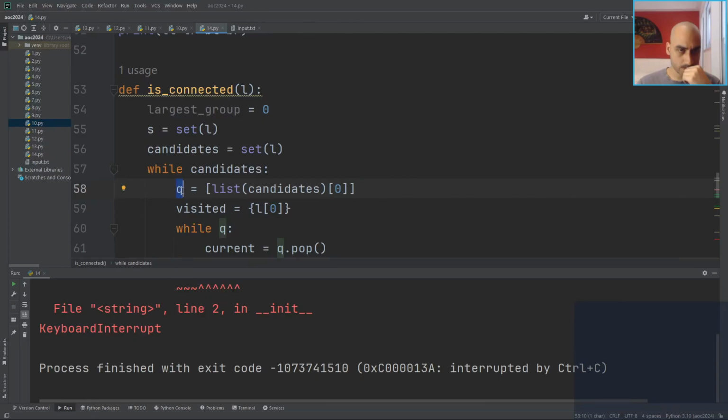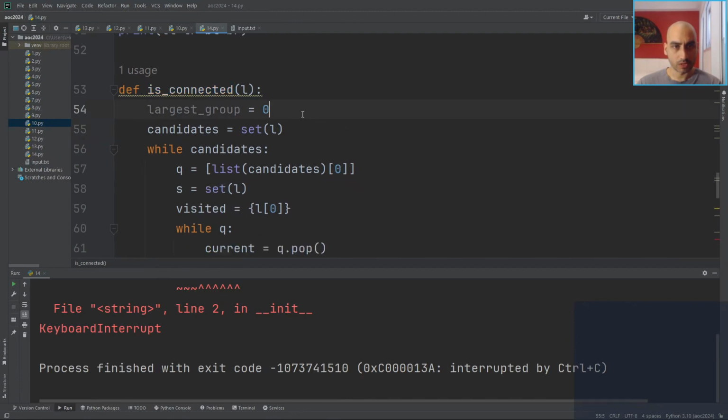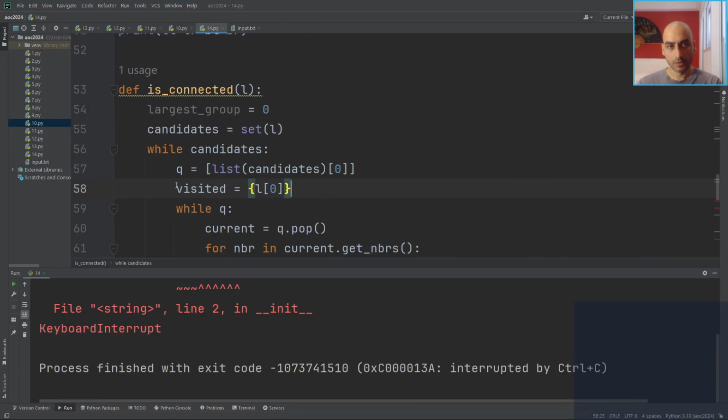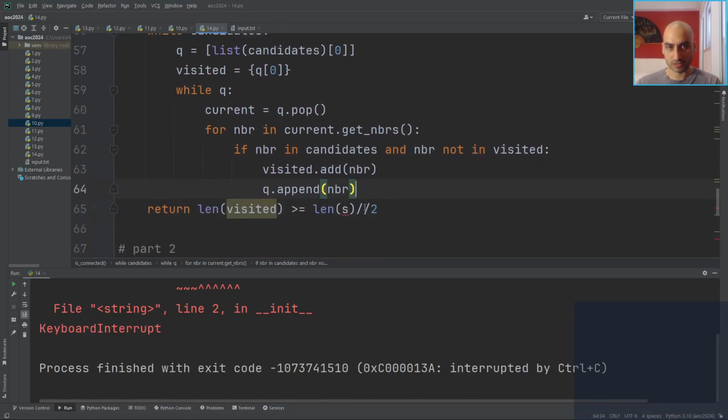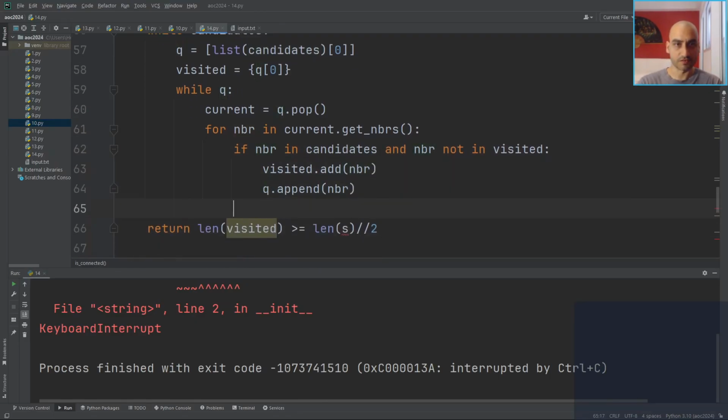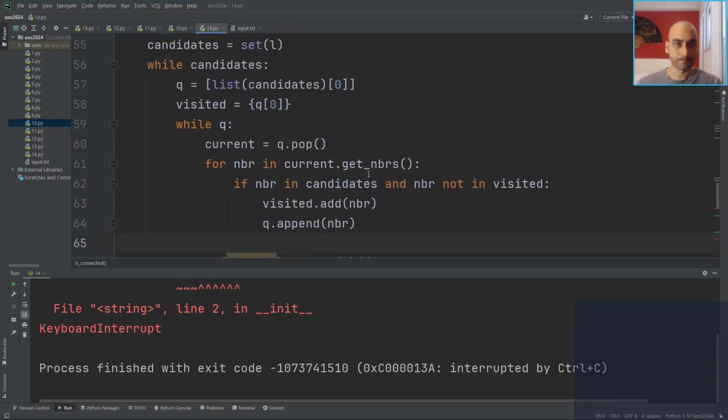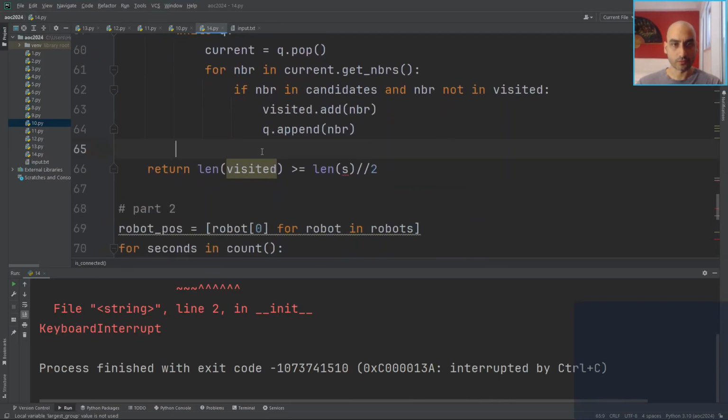Q equals... Actually, we don't need that. So visited equals... Okay, we can just do this. Q0. While Q, current equals Q.depart, for neighbor in owner, if neighbor in candidates and neighbor not in visited, visited.add, blah, blah, blah.